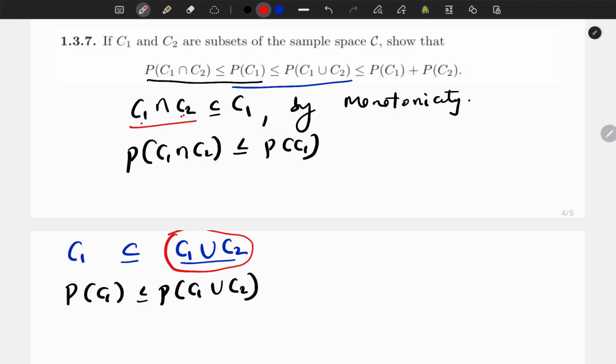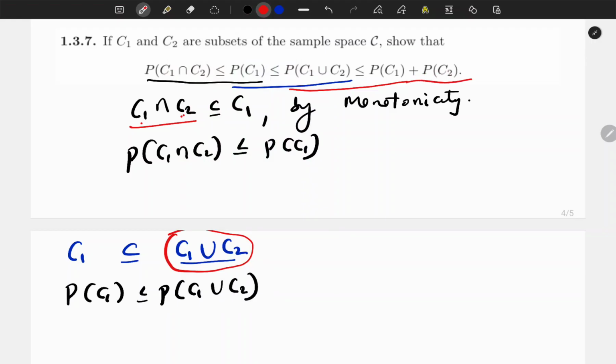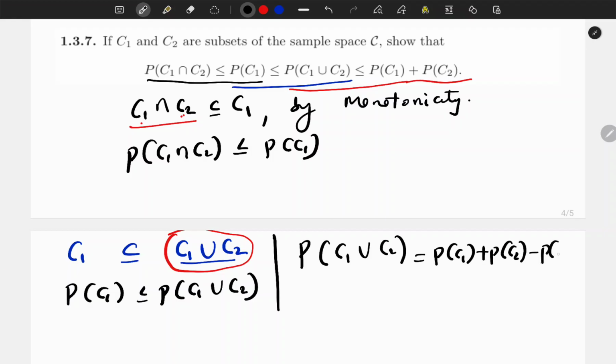The next one is to show this for these two. Also note C1 union C2 is also a subset of C1. We have to pick this out together. The probability of C1 union C2 is equal to the probability of C1 plus the probability of C2 minus the probability of C1 intersection C2, by the law of inclusion.